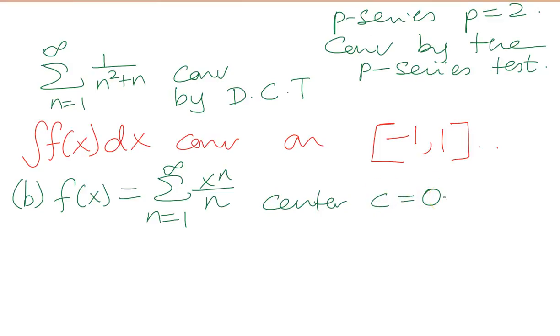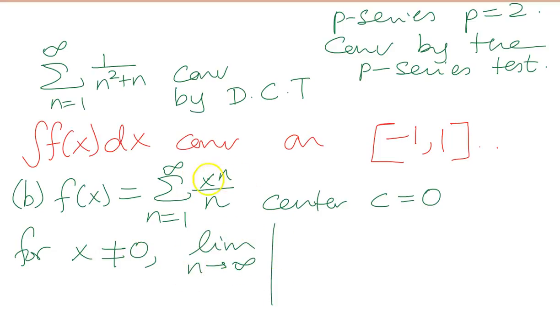Okay, we know that every single power series converges at its center. So let's try and figure out for what other values of x the series converges, right? So for x not equal to center, for all other values of x, find the limit as n goes to infinity of the ratio x to the power n plus 1 over n plus 1. Remember, we are doing the ratio test on the series, divided by a_n, flip and multiply.